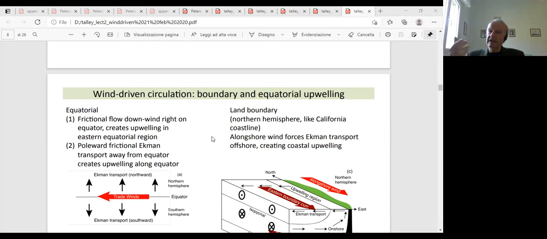That means we are losing water in the coastal area, so the sea level goes down. We have divergence in the coastal area and loss of water, which is partly compensated by water in the deeper layer below the Ekman layer flowing toward the coast.